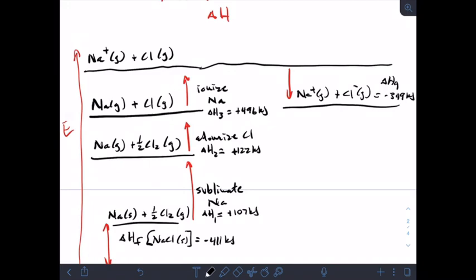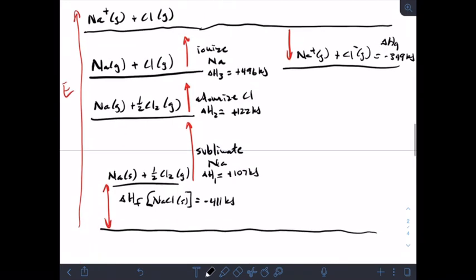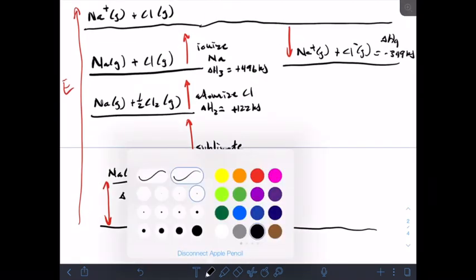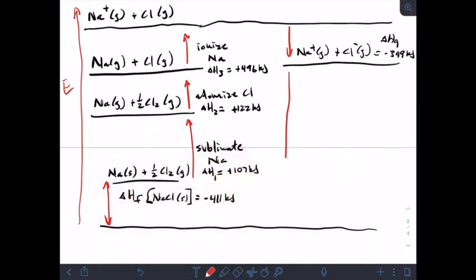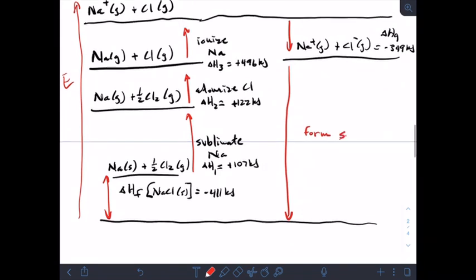So now my last step is to form my solid. That is going to be all the way down here to make my solid, and that's delta H5, and that is the lattice energy.